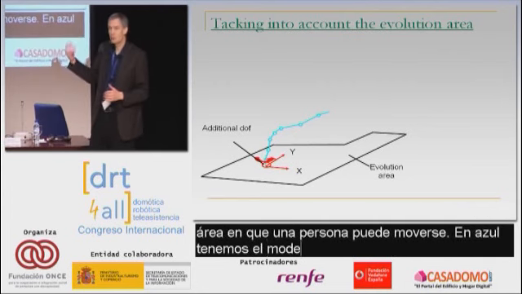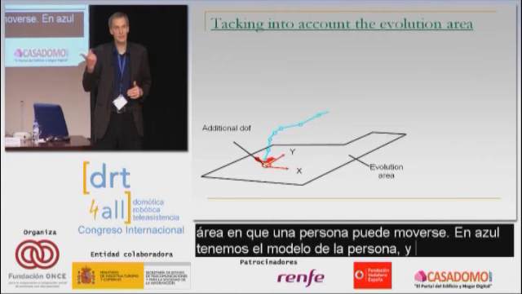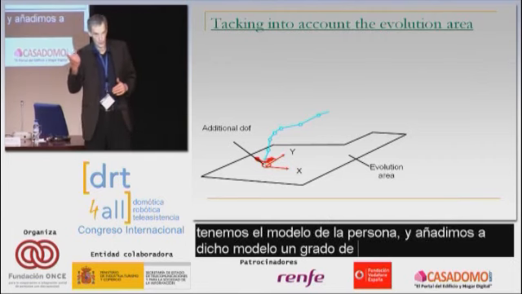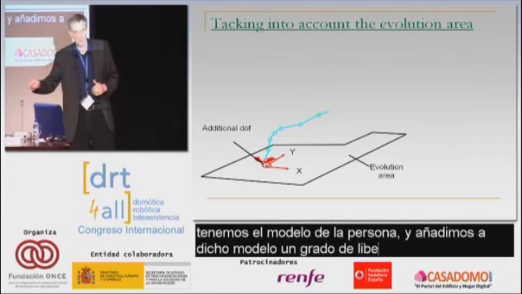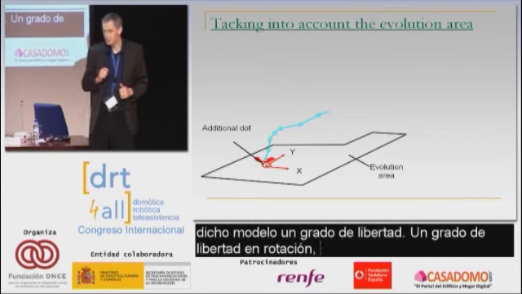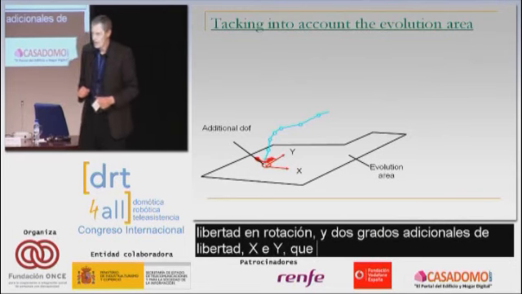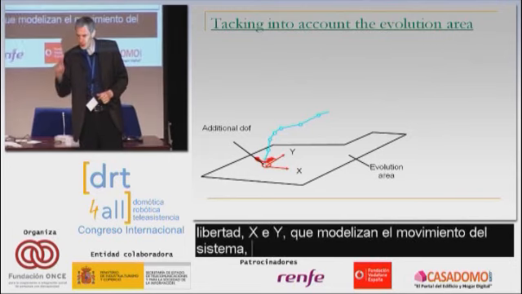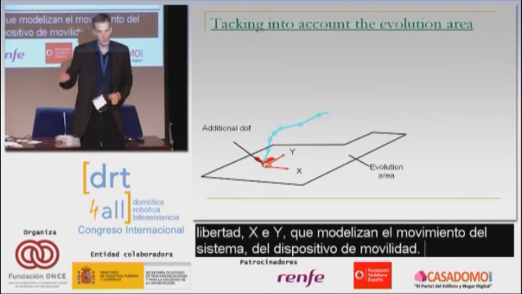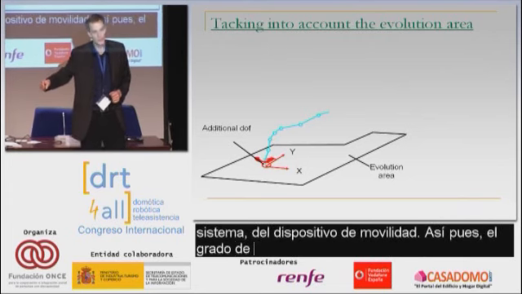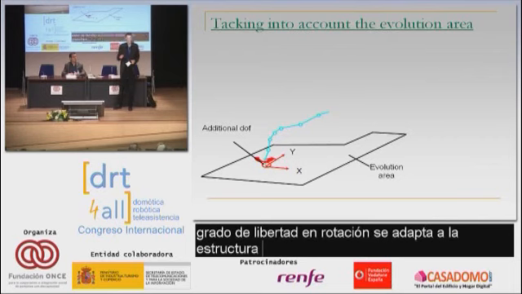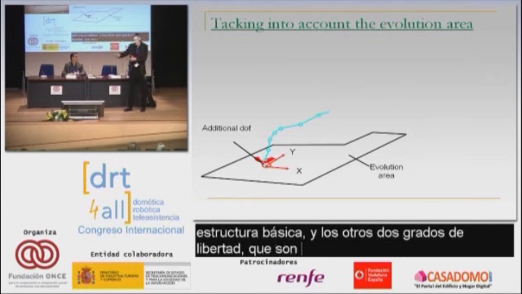We add to the model 1 degree of freedom in rotation, and 2 other degrees of freedom, x and y, that model the motion of the device system. The degree of freedom in rotation is adapted to the basic structure, and the 2 other degrees of freedom are translations.